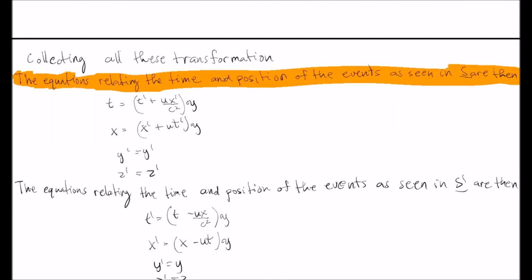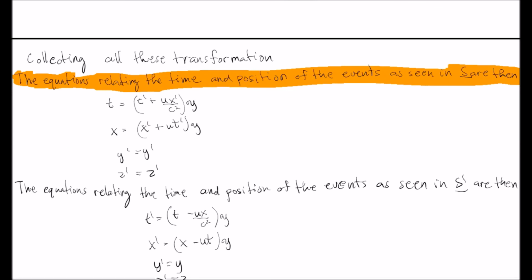So collecting all those transformation equations, the equations relating the time and position of the events as seen in the rest frame, or the S frame, are: t, the time observed in the S frame, the rest frame, equals t prime, the proper time, plus the speed of the moving frame relative to the S frame times x prime, the distance of the event from the y prime axis, over c squared, times gamma.